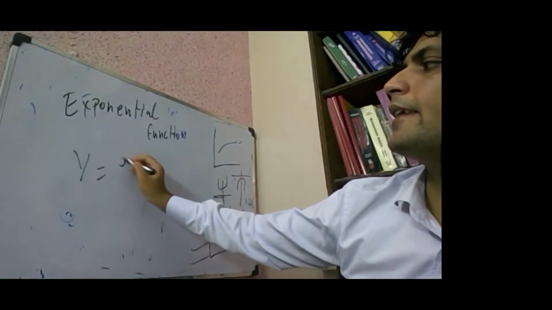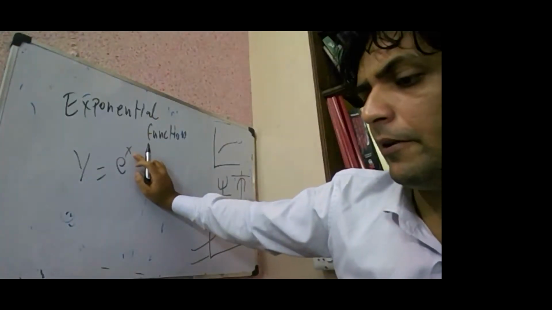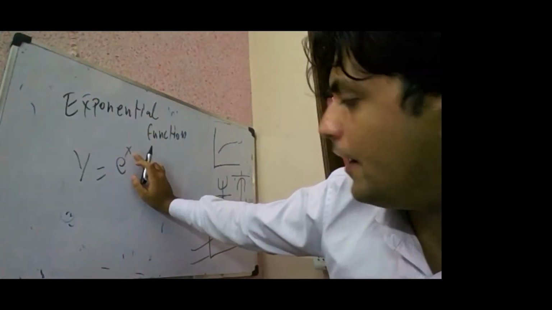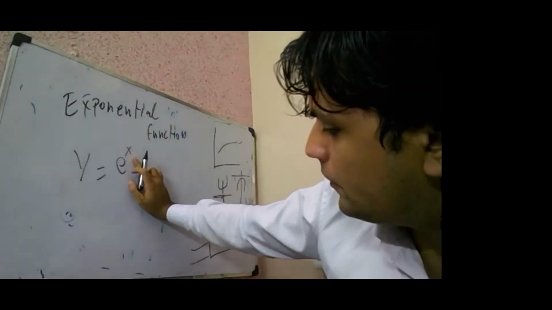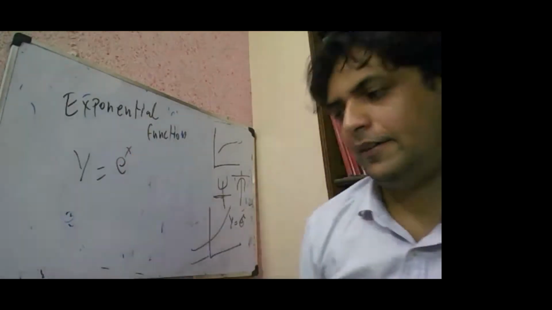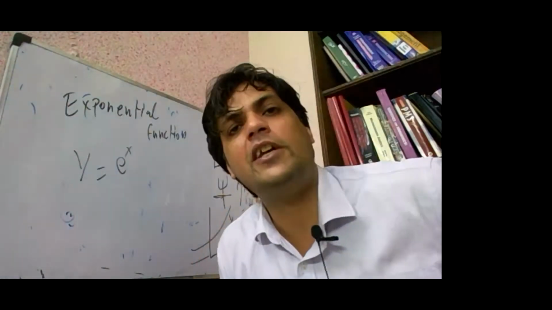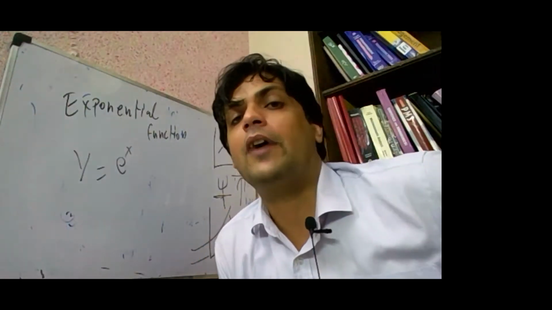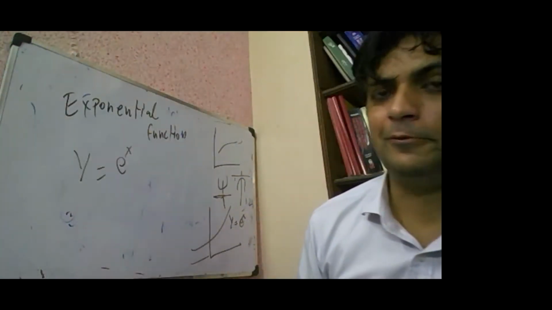Here, the x is on the power of the exponential. When a variable rises or decreases at a rate proportional to its current value, then we use this function. For example, the rate of change in money is also defined in money. So it's increasing within itself.